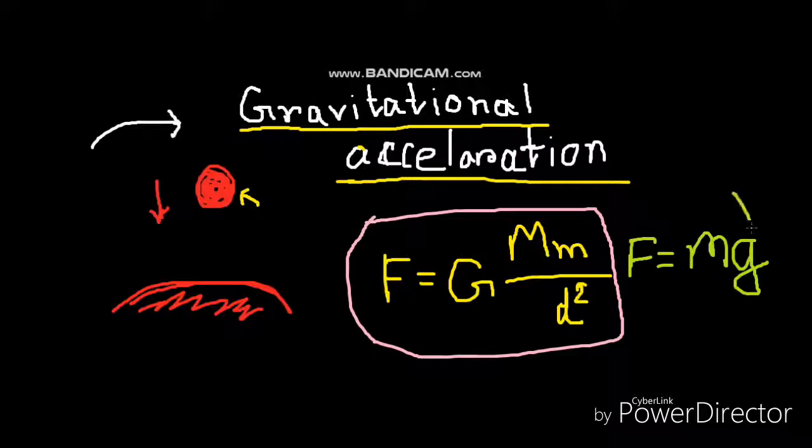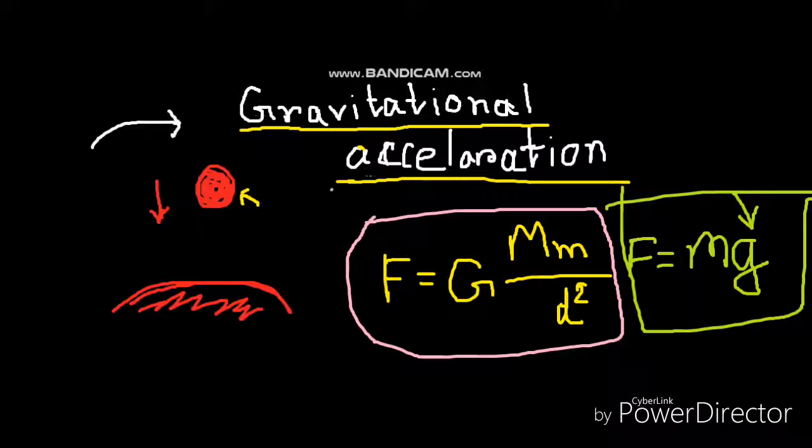What is g here? This means the gravitational acceleration. And from this law, we know that the g in small letter is the gravitational acceleration, and the G in big letter will mean the gravitational constant.